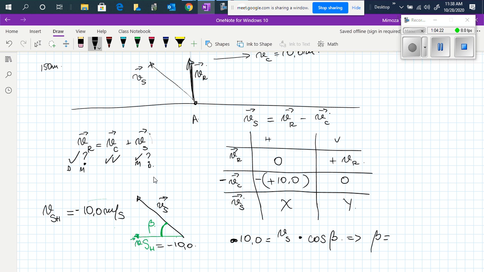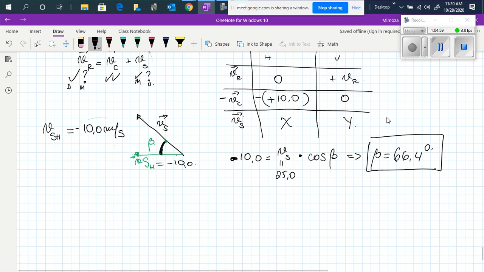From here, we find angle beta as we know the magnitude of this as 25. So inverse cosine of 10 over 25. So angle beta will be 66.4 degrees. And this is the angle with the shore or the side of the river.